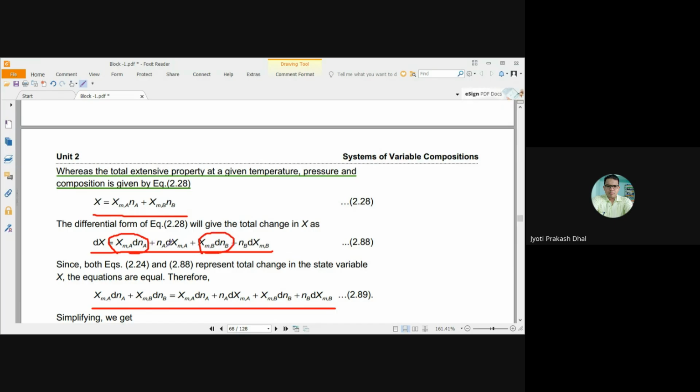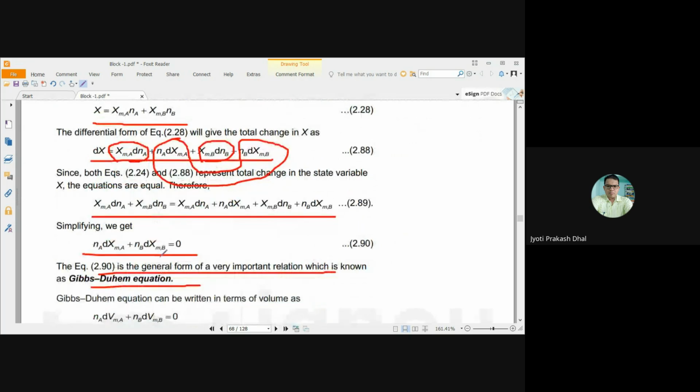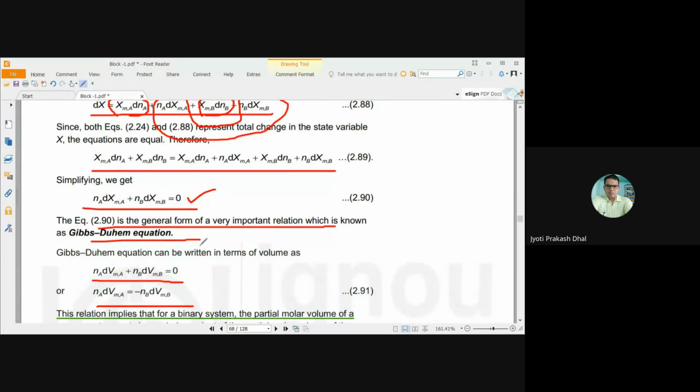That means, after comparing, the remaining terms must add up to 0. If we compare equations 24 and 28, you can write n a dX m a plus n b dX m b equals 0. This is known as the Gibbs-Duhem equation. So this is the derivation of the Gibbs-Duhem equation. That may be a 4-mark question.